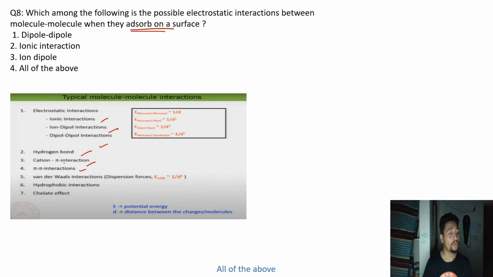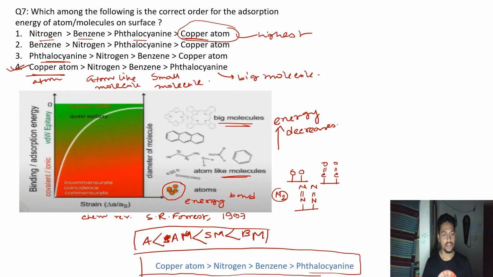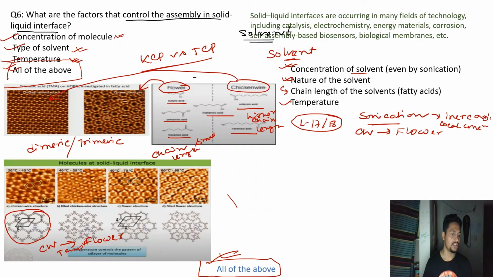Normally, in supramolecular assembly formed through hydrogen bonding, like in that case we have seen this chicken wire-like thing, this trimesic acid. This trimesic acid actually has dimeric hydrogen bonding or trimeric hydrogen bonding. Depending upon the hydrogen bonding, the molecular arrangement of the adlayer is changing.